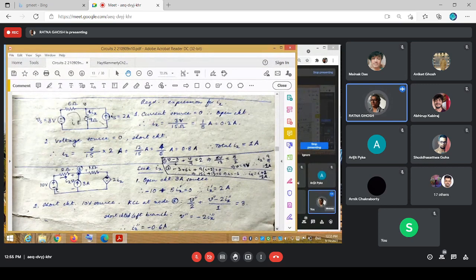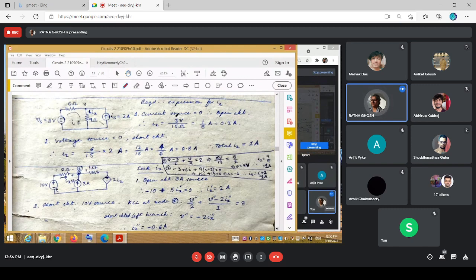Sorry, not even current division, my bad. This is just simply the current through this particular loop. So it is 3 by 6 plus 9, that's 15. So you have 0.2 amperes. This is due to the 3 volt voltage source. Now, how much is Ix?